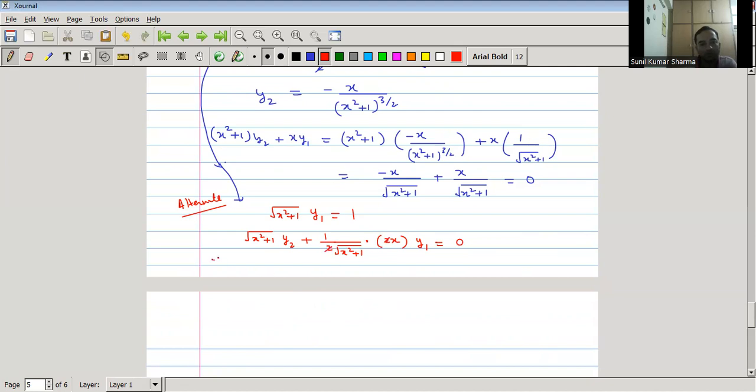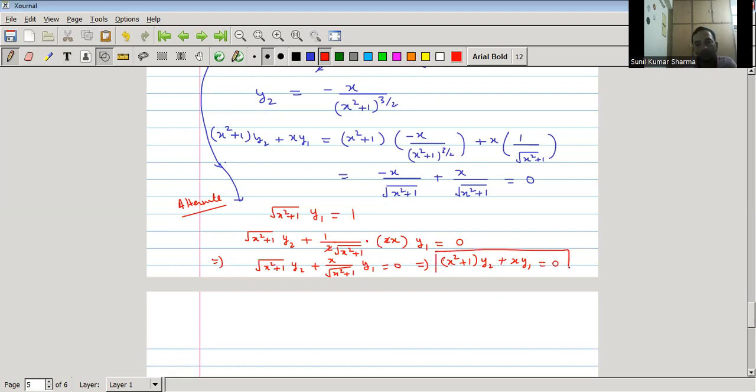So this implies we get under root x square plus 1 y2 plus x upon under root x square plus 1 y1 equal to 0. So cross multiply taking under root x square plus 1 as LCM. So we get x square plus 1 y2 plus x y1 and under root x square plus 1 into 0, that is equal to 0. So we get the result.